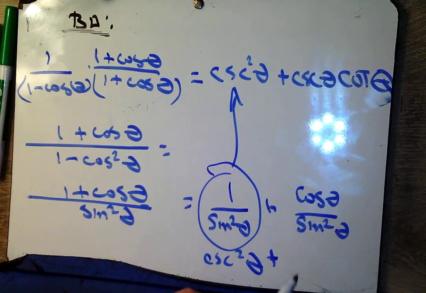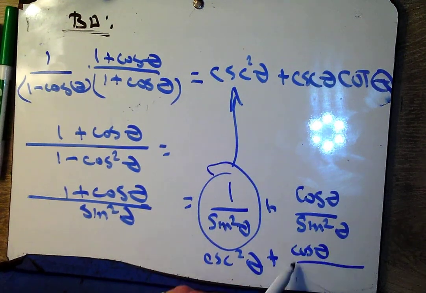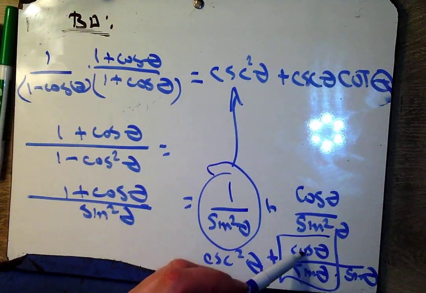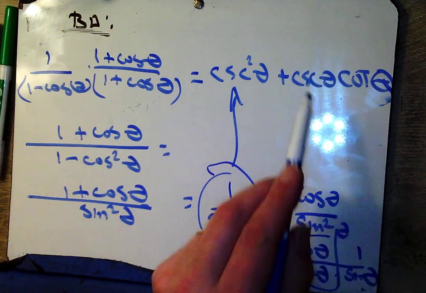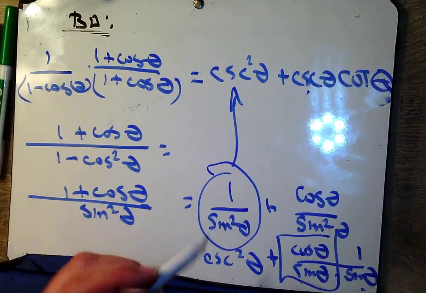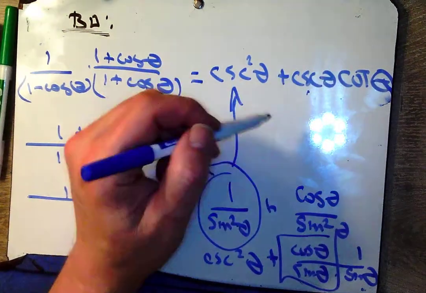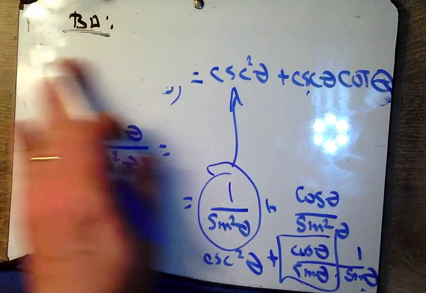Now, this one is cosine theta over sine theta times another 1 over sine theta. That's cotangent, and 1 over sine, cosecant. I would certainly like the last line written, so I'm going to squeeze it in over here.